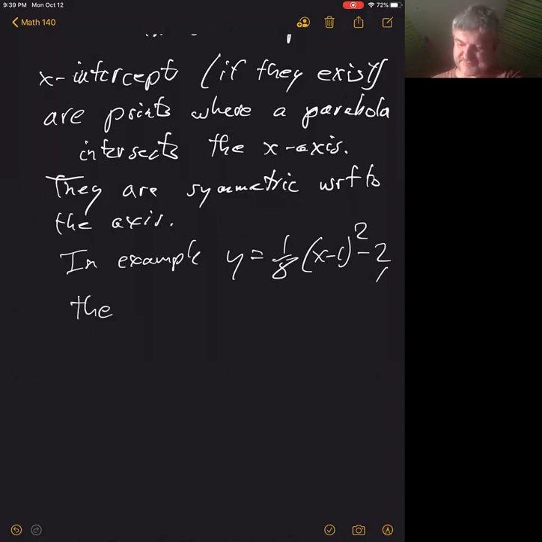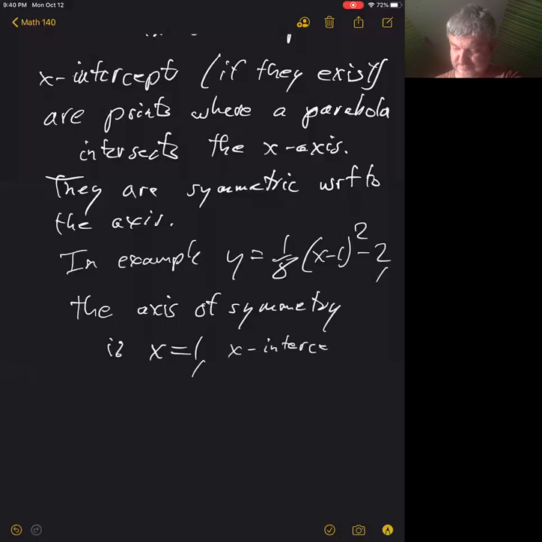The axis of symmetry is x equal to 1, vertical line with equation x equal to 1, and the x-intercepts are x equal to 5 and x equal to -3.